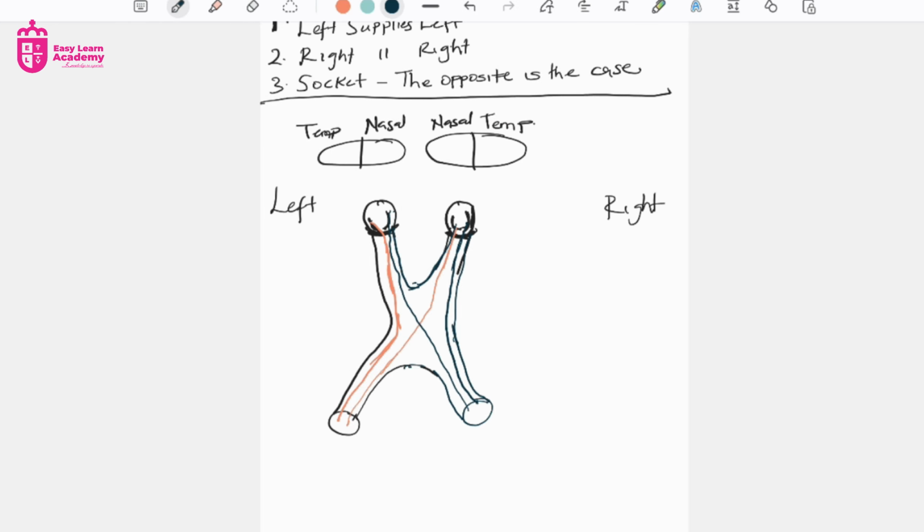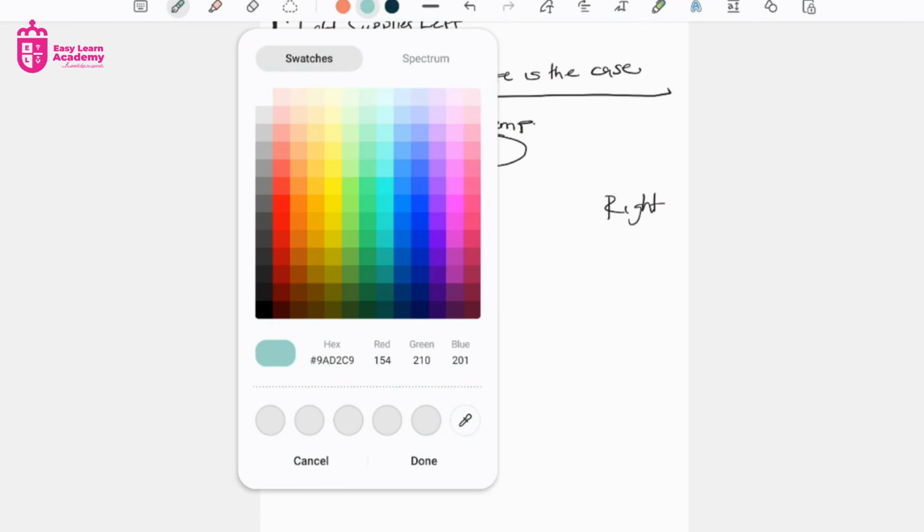Yeah, so is it clear now to everybody? Does this make sense? Left, left, right, right. Anybody confused at this point? Nobody. Okay. Now, once we get to the eye socket, remember the rules change. Let's change the color to red.